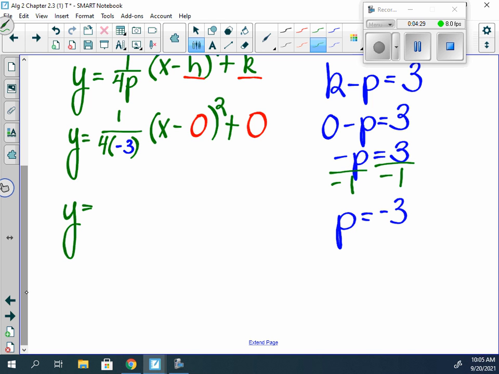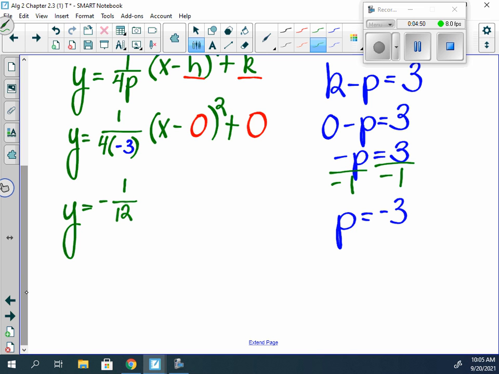Any questions on this here before we write the equation? Well, the first one, we have 1 over 4 times -3. Exactly, or we can say -1/12.